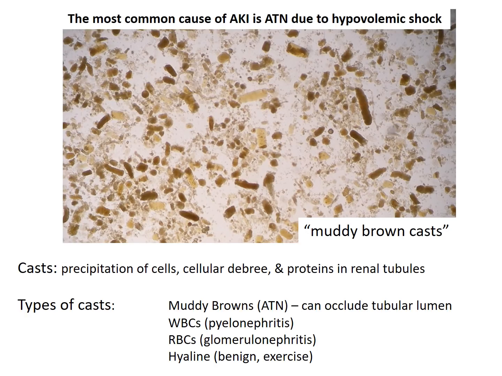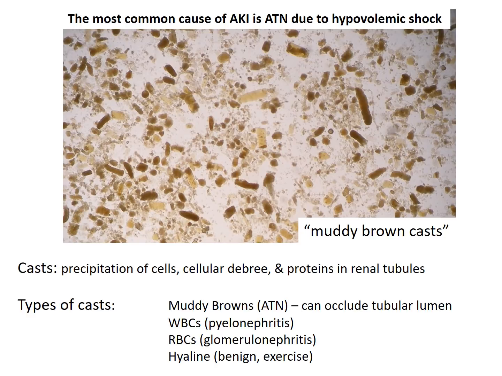So the most common cause of acute kidney injury due to ATN is hypovolemic shock. But again, anything that results in hypoperfusion or hypoxemia of the kidneys can lead to ATN, destruction of those tubuloepithelial cells. And a characteristic finding on the urinalysis is something called a muddy brown cast.